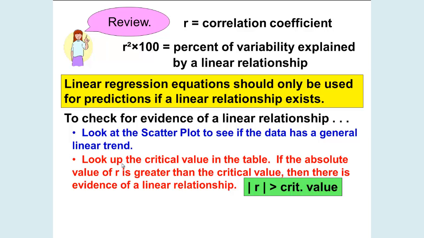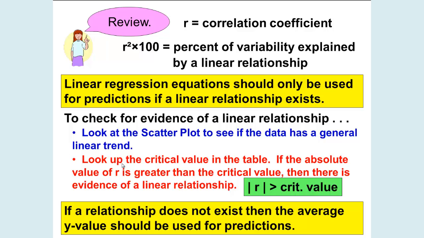In other words, if the absolute value of R is greater than the critical value and the scatter plot of the data has a general linear trend, then we have evidence of a linear relationship. And if a relationship does not exist, then the average y value should be used for predictions.